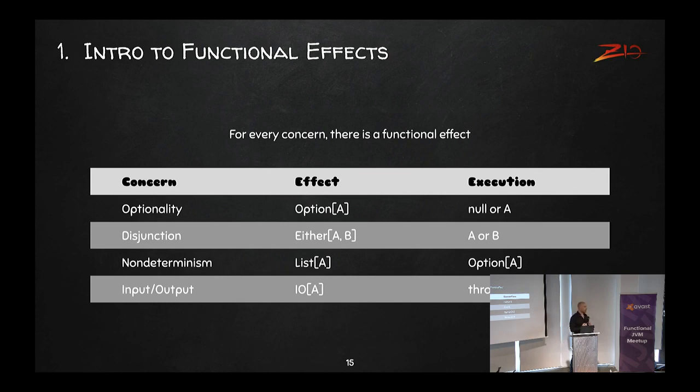All these allow us to describe input-output effects between our program and the external surrounding environment. And when we execute them, which is not a functional operation, we either get back some exception if some code failed, or we get back the A value that they succeed with.